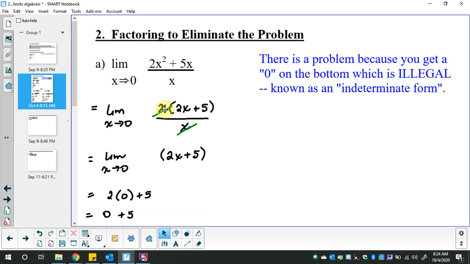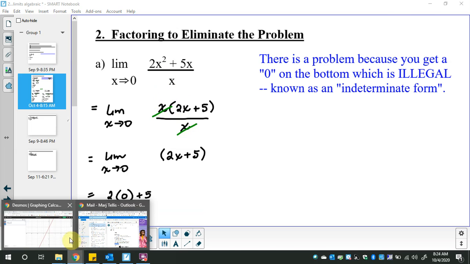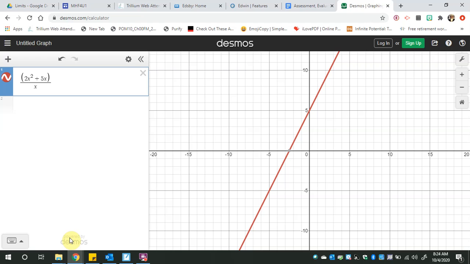And the idea that you've been able to factor and eliminate something does lend itself very nicely to holes. So here is the picture, which is a straight line. And maybe you weren't expecting that because maybe you thought, oh, rational functions shouldn't be straight lines, but it's not really a straight line, because if I hover my cursor over the answer to this question, the y value of 5, I actually get a hole.